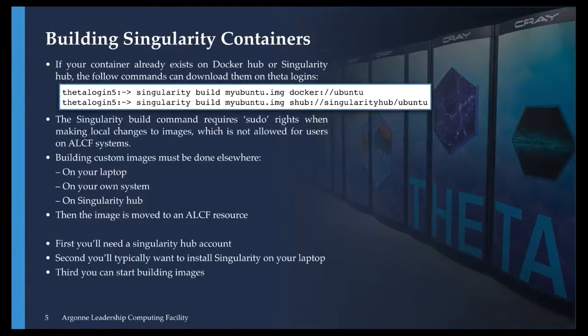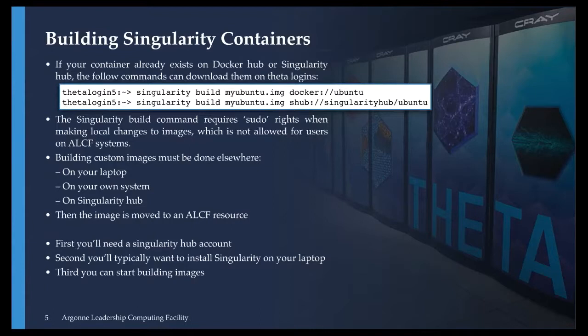So I'll go straight into building containers. If you're on a Theta login node, Singularity is already part of your path. You don't have to load anything. And if you have a container on Docker or Singularity Hub that you want to use on the system, you can immediately download it with the Singularity build command.